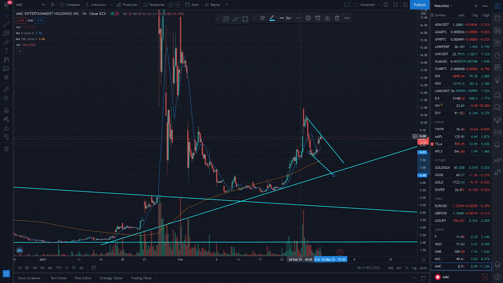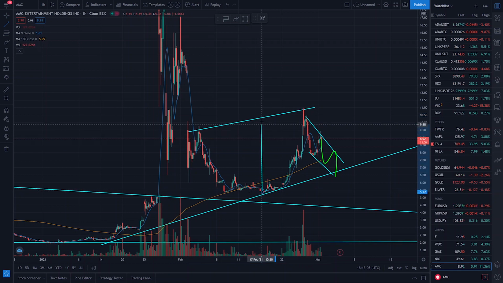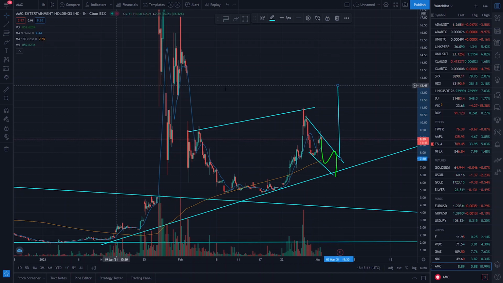But after, let's say it does form this pattern going down, I would say the target to look for in a cup and handle would be you get the top of the cup, and then you target from the bottom of the cup to the top of the cup and bring that to the breakout, which would be somewhere after the break.